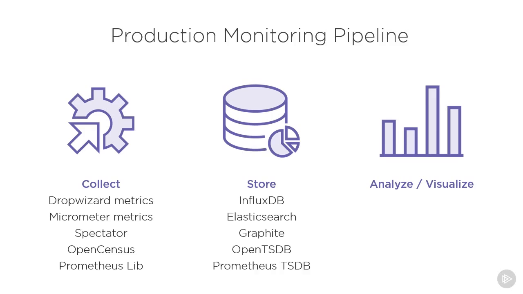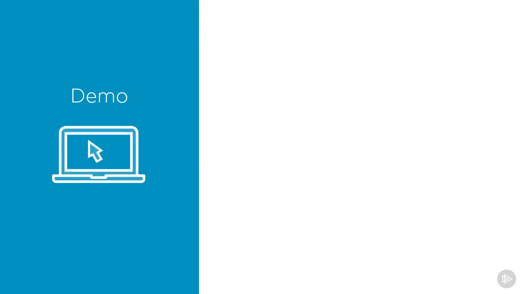In the storage phase, we have options like InfluxDB, Elasticsearch, Graphite, OpenTSDB, Prometheus Time Series Database, and many managed commercial solutions like Datadog, Dynatrace, etc. And in the analysis, visualization, and alerting phase, we have Grafana, Kibana, JMX tools, Prometheus dashboards, and more.